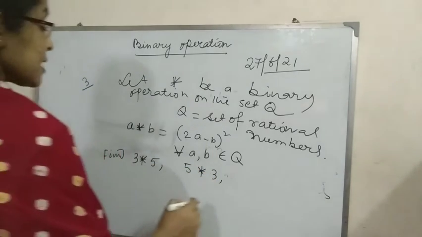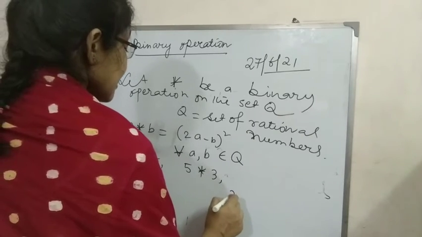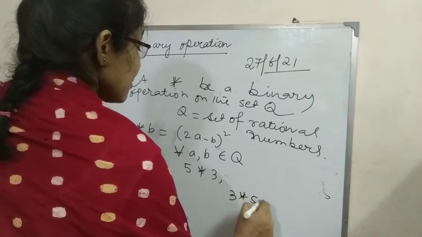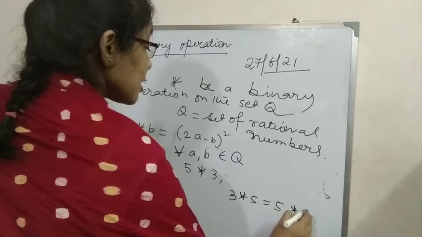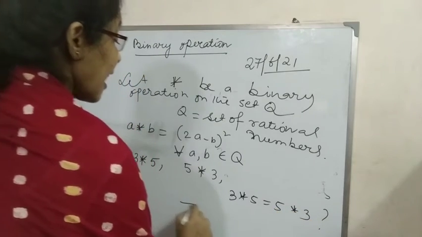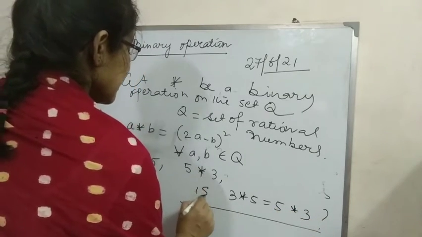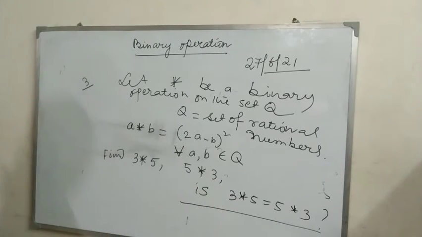And another question is, is 3 operation 5 equal to 5 operation 3? Is this equal to this?